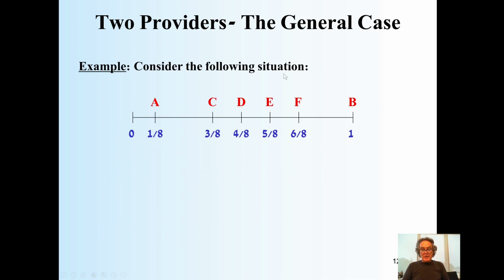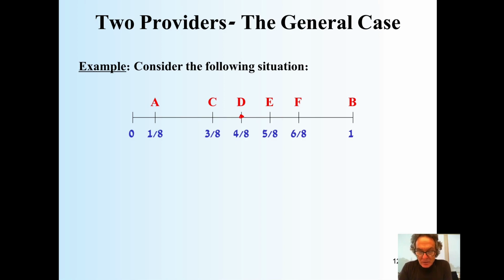Let's look at this one. So I'm looking here: 0, 1/8, 3/8, 4/8. This is the median. The median sits here. So what? I don't care to do all the computation. By the theorem, where are the two going to be located?